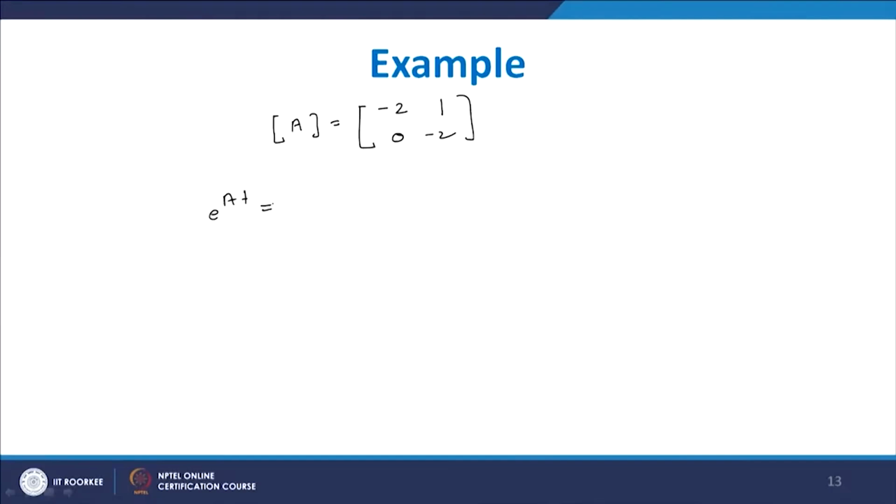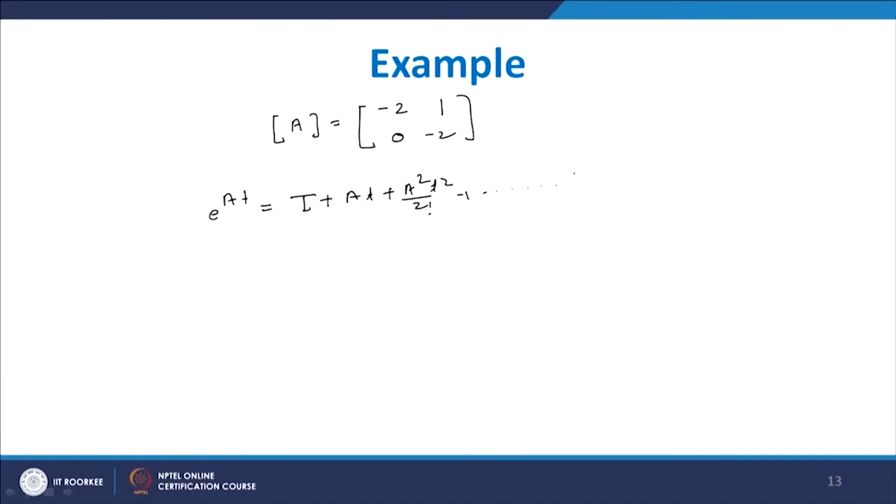So, here e raised to at equal to the same formula we have to use: I plus a into t plus a square t square factorial 2, and like this. Now, here we will find that we will get a square, a cube. It means that we have to calculate many multiplications, and we will find that to carry out this calculation is sometimes quite cumbersome.